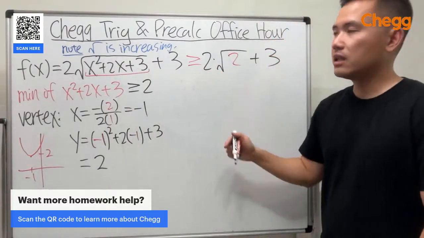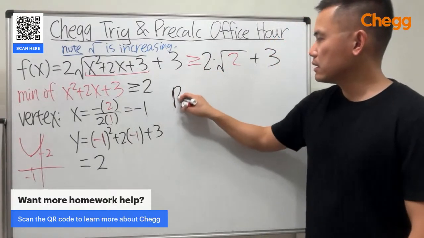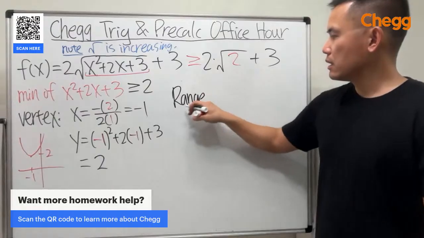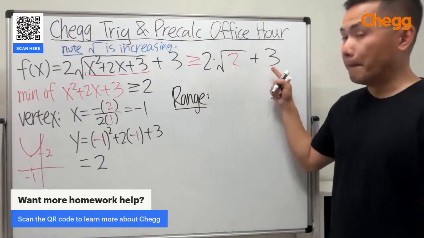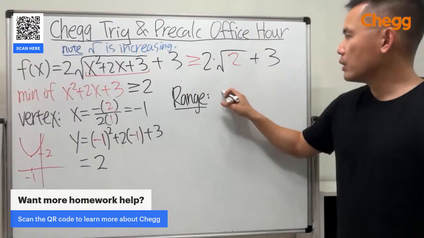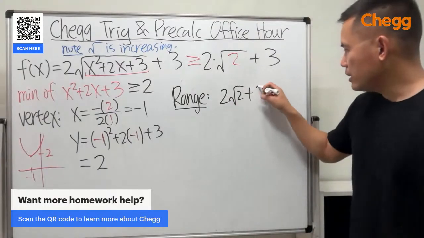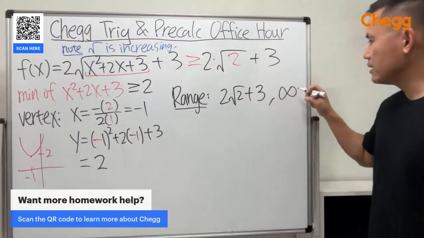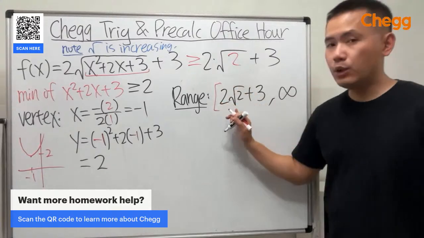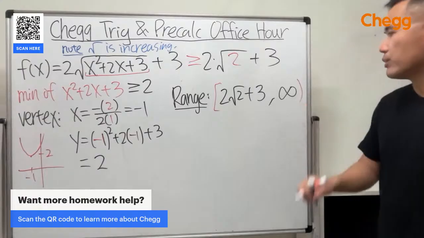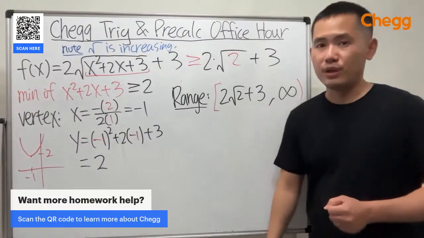So the range for that, this is the minimum now, which is 2 square root of 2 plus 3, cannot really simplify anything, and then comma infinity. It's possible to be equal to this number, but you don't include infinity. So that would be for the range.